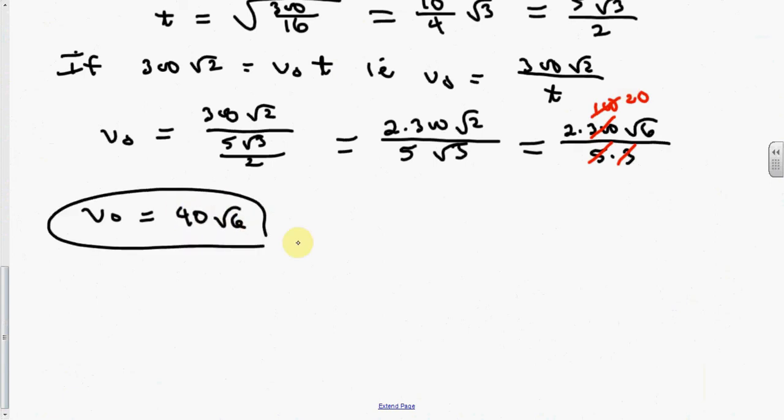Okay, I found the initial velocity, so you got to find the height, right? Again, how do you find the height? Talk to me. Just talk to me with words.